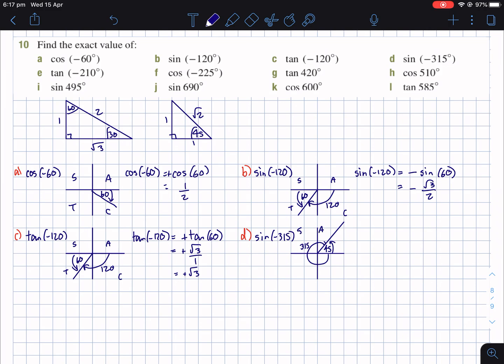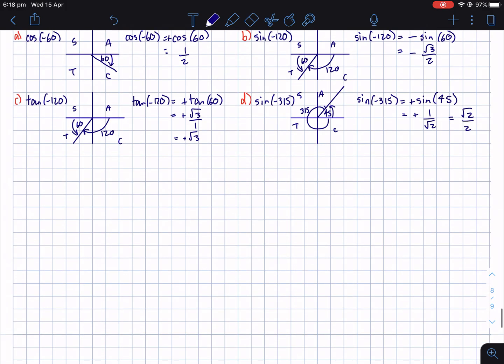SATC, all of them are positive, so sine minus 315 is positive sine 45. Look at your 45-degree triangle, 1 on root 2. If you want to, you can rationalise that. That would become root 2 on 2. You don't need to. The textbook may give them to you rationalised, but I honestly would just chuck them both in my calculator and double check for myself that it came out to be the same thing.